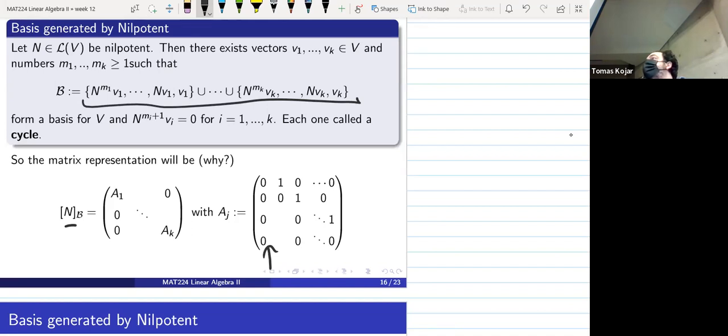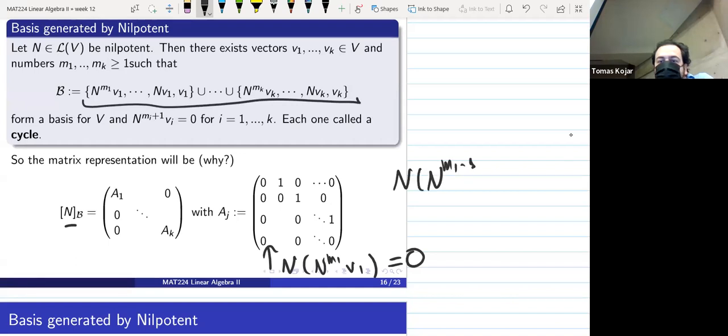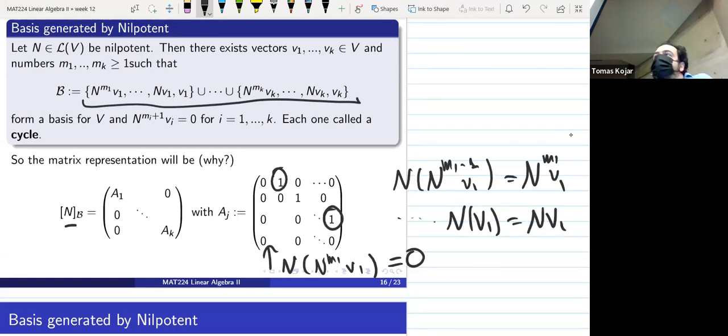So it will be N of who? Yeah, which is what? Yeah, which is 0. So that's how we get the first column. And the second column is N of v_{m1-1}... which is v1, the first vector. Then you keep going and eventually have N of v1, which is... so you put a 1 over here.